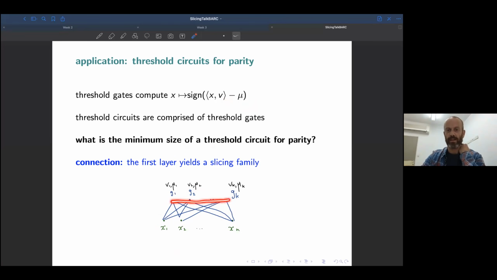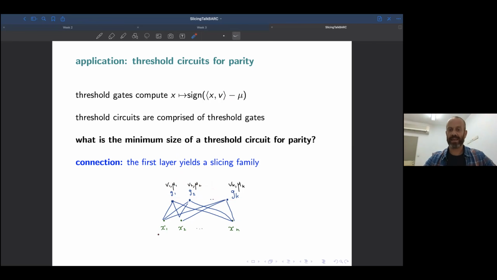Then there are K gates that are connected directly to the inputs. And above them, there are some other gates that are connected to these gates. Now, every such gate is a threshold circuit, so it defines some hyperplane. And the observation is that if this circuit computes parity, then it must be the case that these K hyperplanes slice all edges.